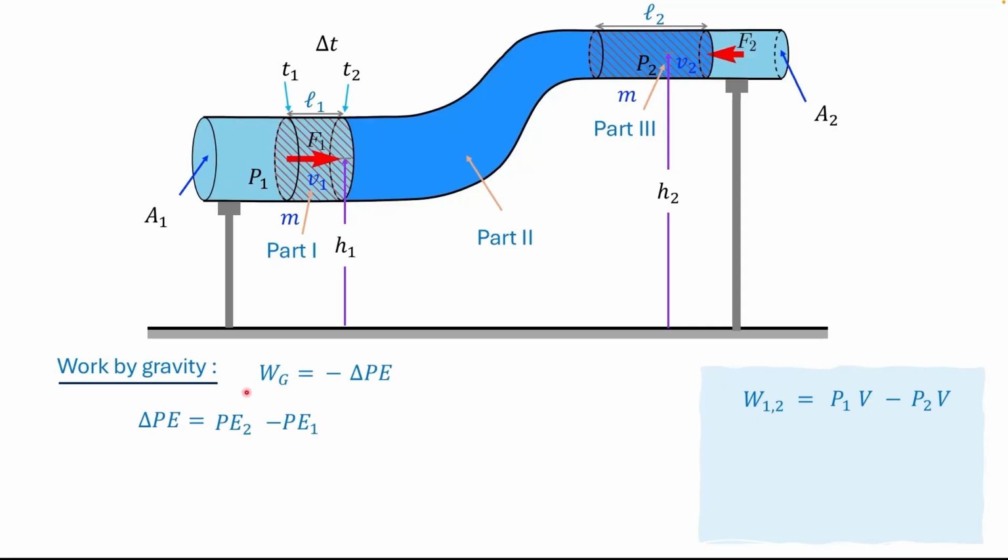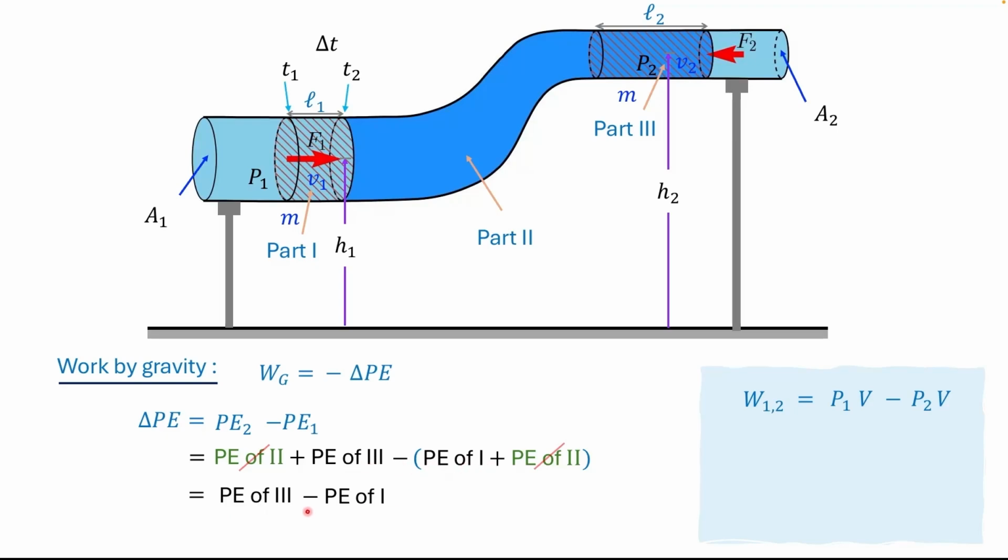Since at time T2 the object was part 2 and part 3, this potential energy is the sum of the potential energy of part 2 and part 3. PE1 is the potential energy at the initial time T1. Since at time T1 the object was part 1 and part 2, this potential energy is the sum of the potential energy of part 1 and part 2. You can cancel out the potential energy of part 2. You get the potential energy of part 3 minus the potential energy of part 1.